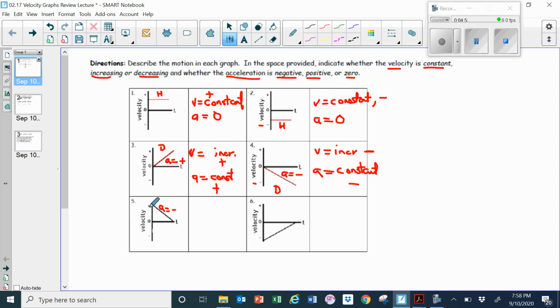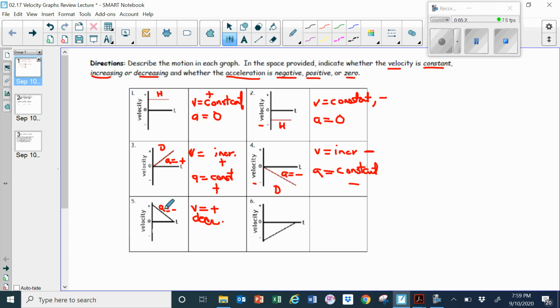So the velocity is actually positive, right? It's positive because it's in a positive direction, and it's decreasing. It starts at a relatively high positive velocity, and by the time this is over, it's at zero. The velocity is zero, so it's at rest. So it's going from a positive number to zero, so the velocity is positive, but it's decreasing.